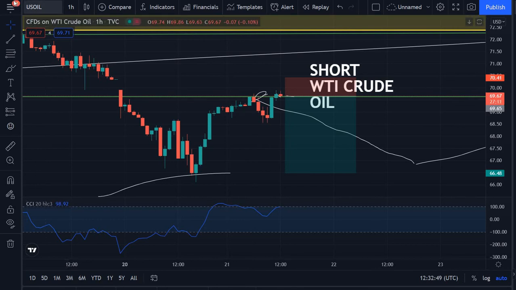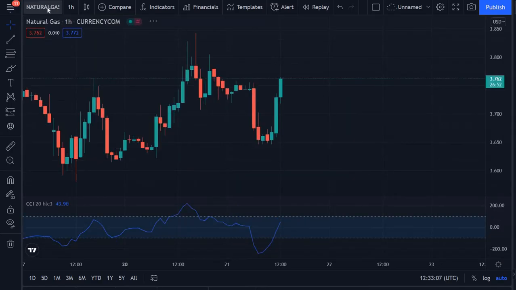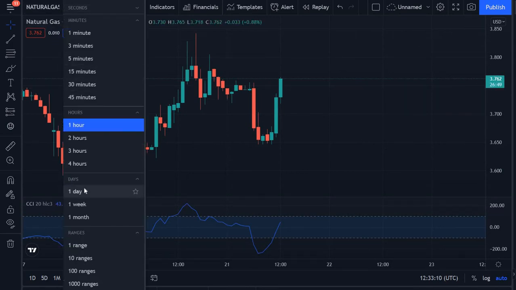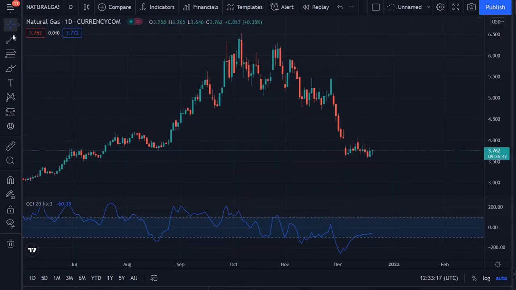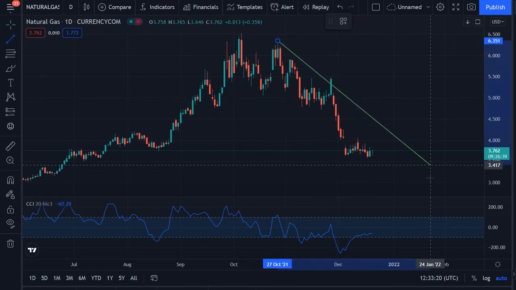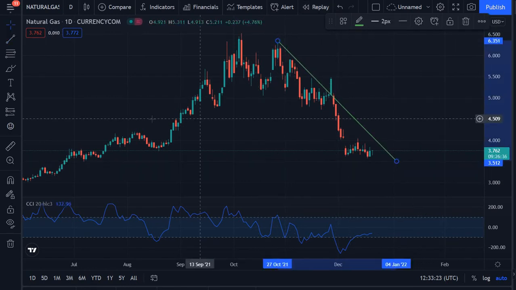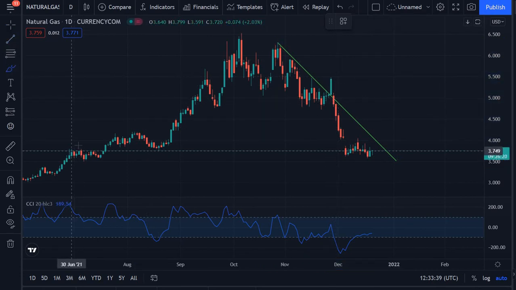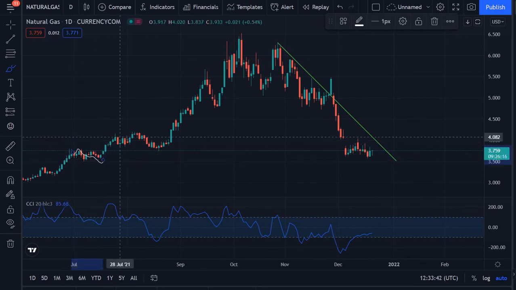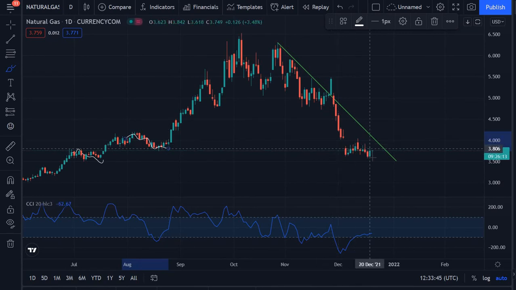Let's check the natural gas real quick. So, well, there is this kind of downtrend, and here was a false breakout where buyers thought we would go higher and suddenly we turn around the trend line, which here was starting like a breakout, but then it didn't happen, and now we are moving in this small sideways action.